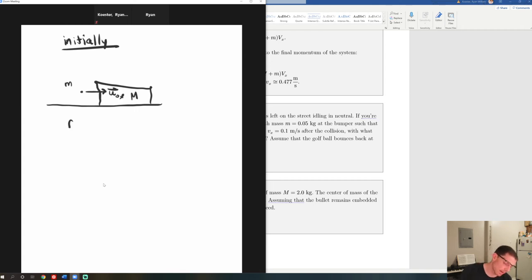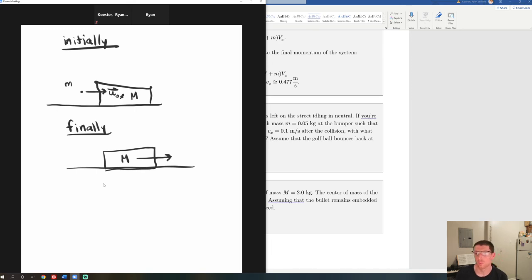And then let's think about what happens finally, right? So essentially right after the golf ball has bounced off the bumper of the car, now the car is moving to the right with some, what did we say? We called it V sub x. And the golf ball is now moving to the left.